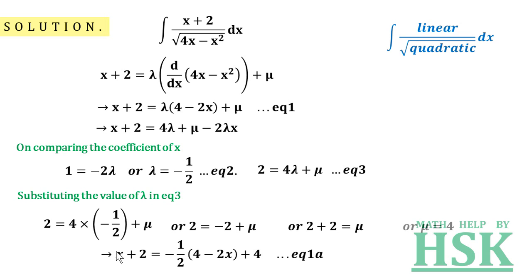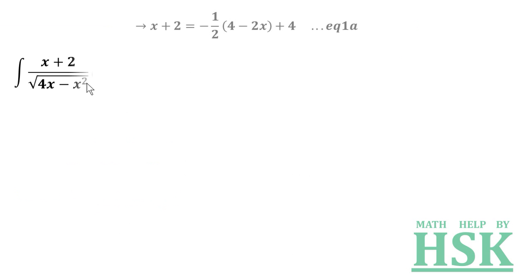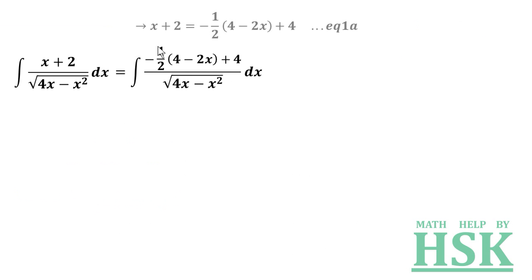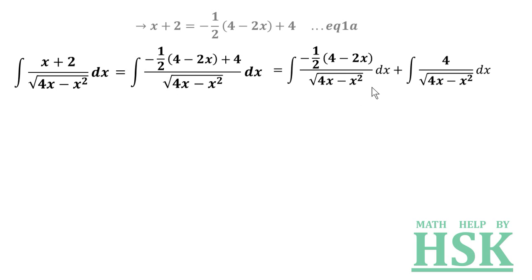Now the value of x plus 2 is going to be substituted from equation number 1 to make this integration solvable. So taking the integral and placing the value of x plus 2, I'm going to get the integral like this, and there are two terms in the numerator, so dividing the denominator separately by these two terms, I'm going to get these two separate integrals.